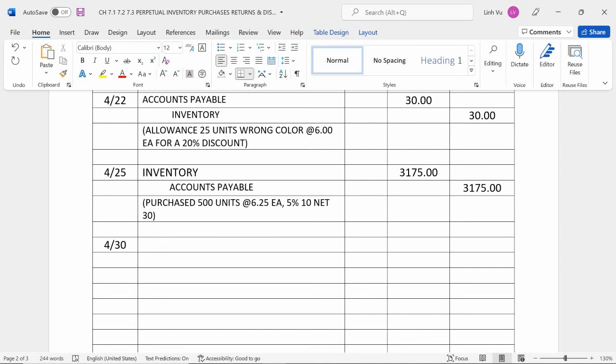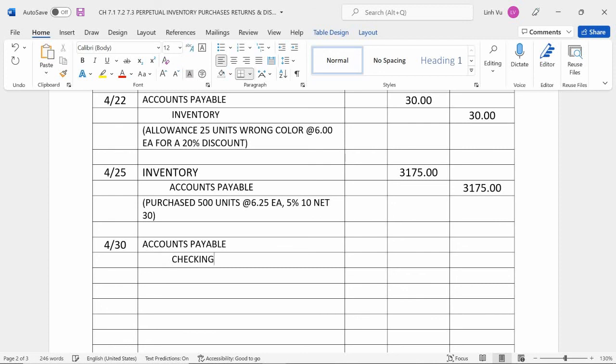Now, how am I going to journalize that I'm going to pay for what I owe? Accounts payable and checking, right? Accounts payable is what I owe, and checking is what I'm going to place here.